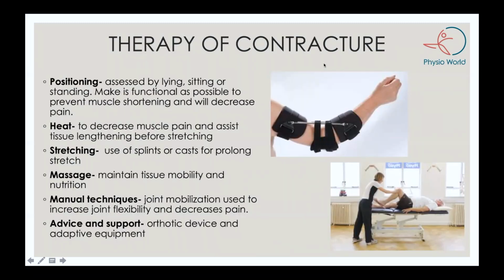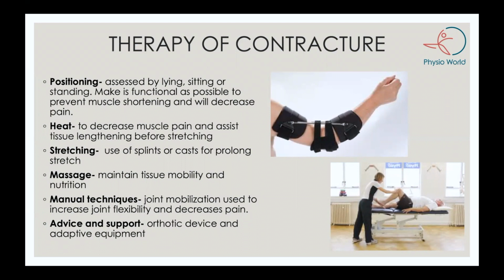Therapies of contracture include, first of all, we need to assess the patient either in sitting, lying, or standing position, depending on where the contracture is. So first we need to position the patient, and then we need to apply heat to the damaged area in order to reduce pain before stretching.